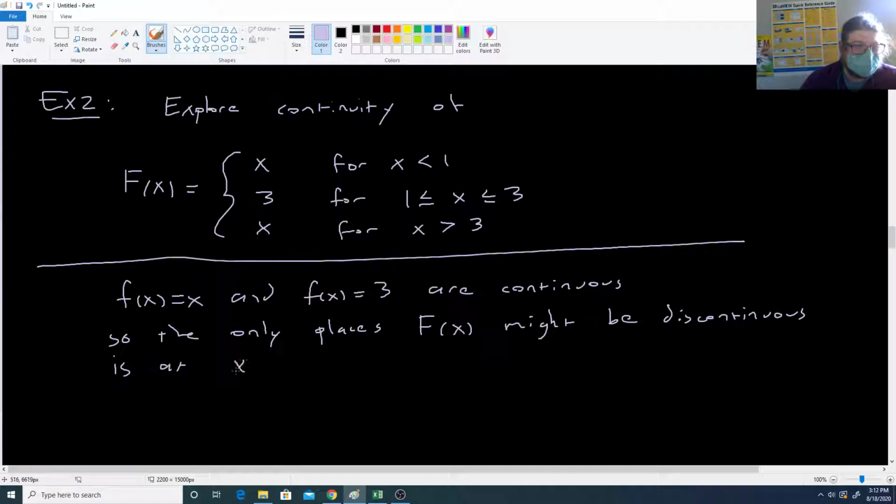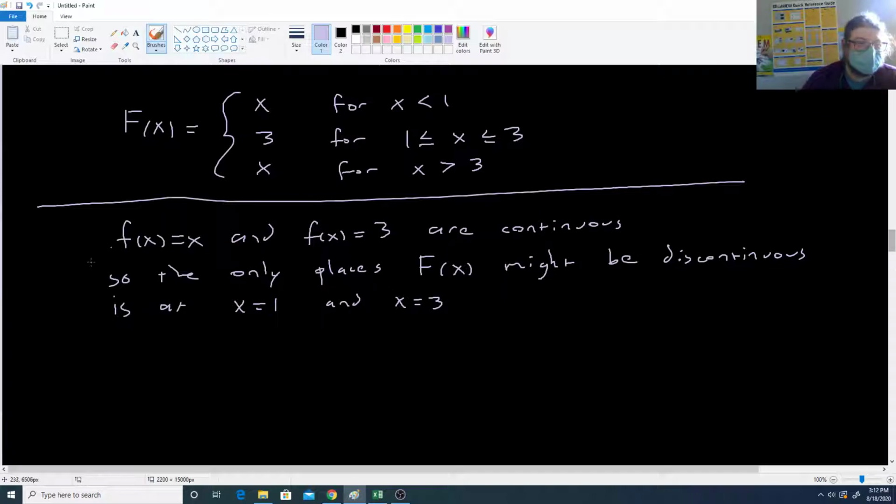So that is at x equals 1 and x equals 3. If we can figure out what's going on at x equals 1 and at x equals 3, if they're continuous or not, then we can say what's going on here.